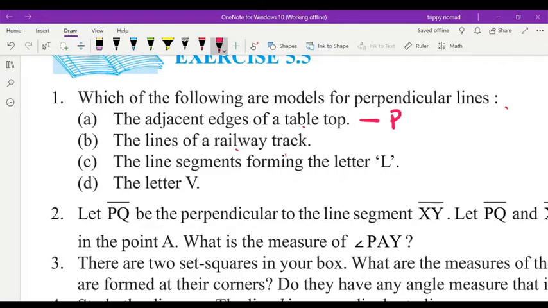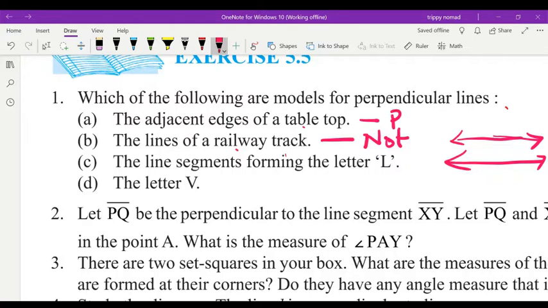The lines of a railway track, just now I have shown you, if two lines go parallel to each other, these will never intersect each other at any point. So this is not a model of perpendicular lines. Understood, children?